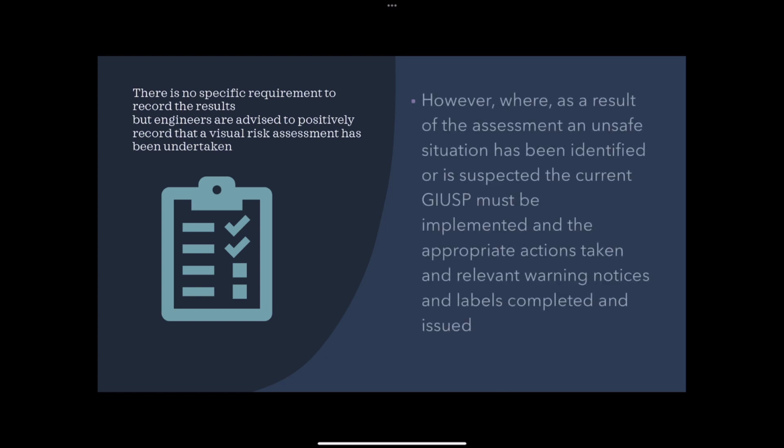So my advice would always be just to write down visual risk assessment carried out, and that way you're covering yourself in case somebody comes in after you, or the householder themselves, this is not unknown. If they muck about with the appliance and something untoward happens, you as the last gas engineer will get questioned, and if you can say this, it'll be to your benefit.